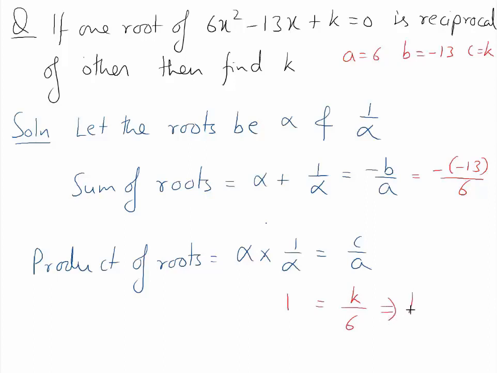So finally we will get k as 6. So when k is 6, the roots of this equation will be reciprocal of each other. So essentially, try solving 6x squared minus 13x plus 6 equals 0. You will see that the roots will be reciprocal of each other.